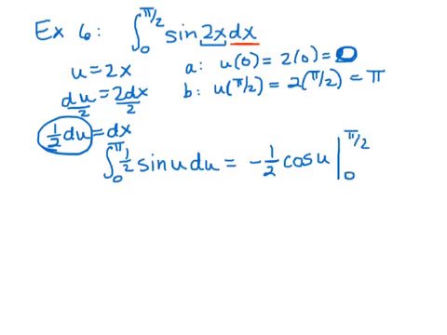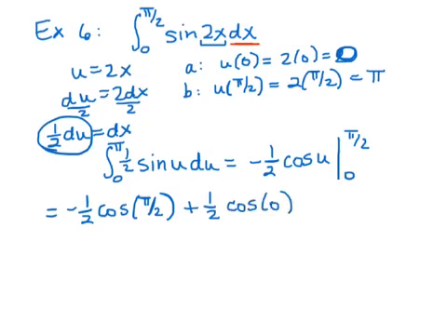So we're just going to substitute. Negative 1/2 cosine pi minus a negative 1/2, so that's going to be a plus, cosine of 0. Wait, this is not a pi over 2.